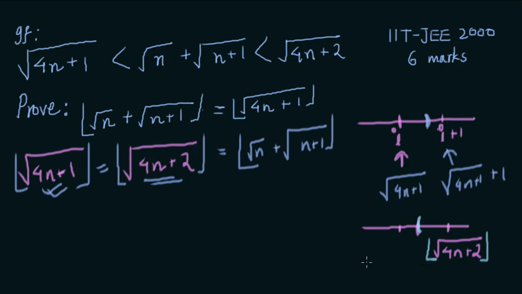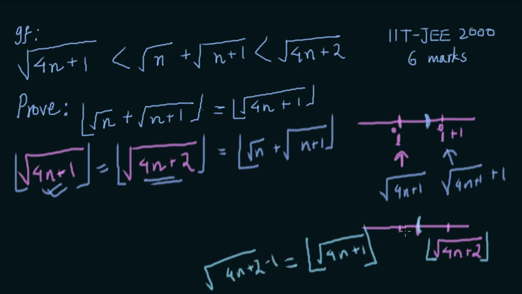root over 4n plus 2 only, right? Because it's an integer, it would be the same as itself. And if we see now root over 4n plus 1, the greatest integer of it would clearly be root over 4n plus 2 minus 1, correct?